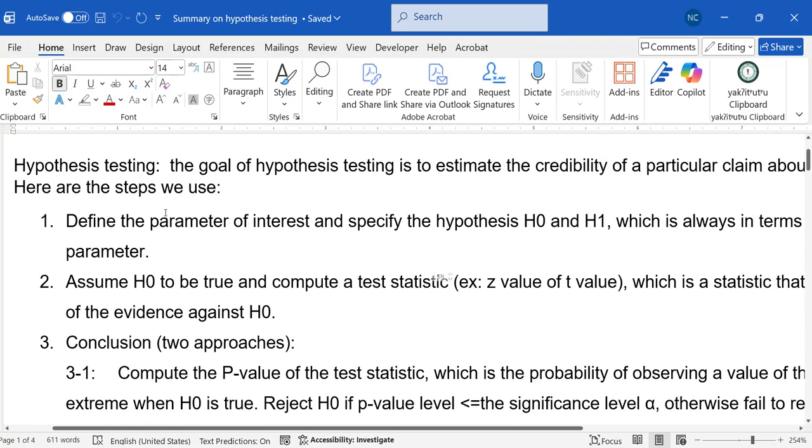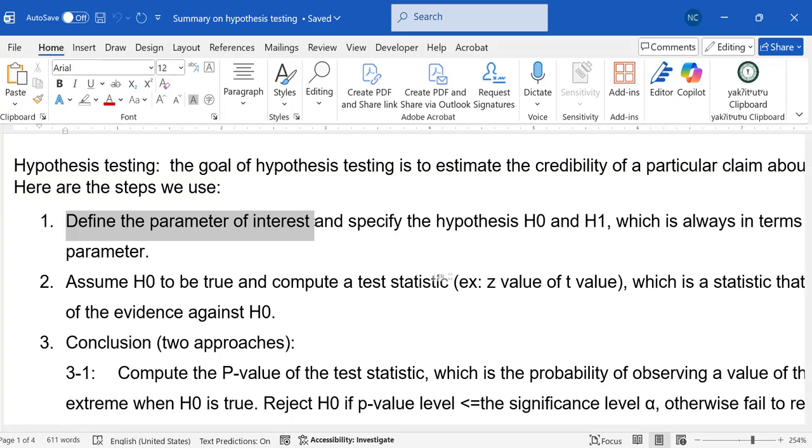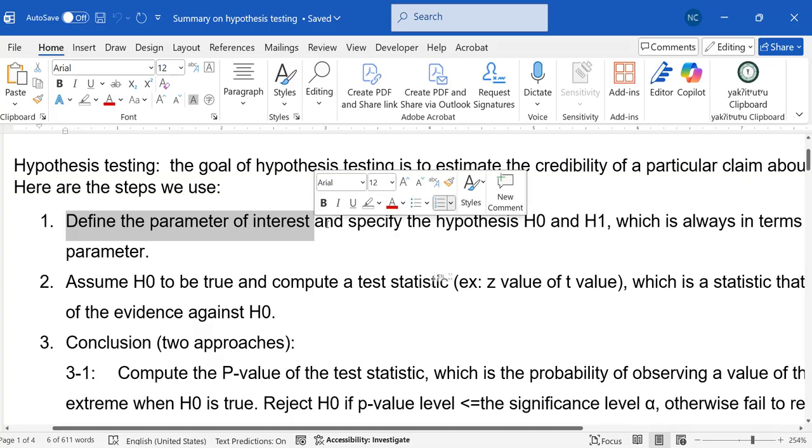So 3 steps. First, you know what's very first, define the parameter of interest. So always read it twice. Hypothesis testing is usually like 20 points, so do not lose the whole point. Every time I have like 3 or 4 students, I ask for proportion, but they just went all the way down thinking it was the hypothesis on the mean.